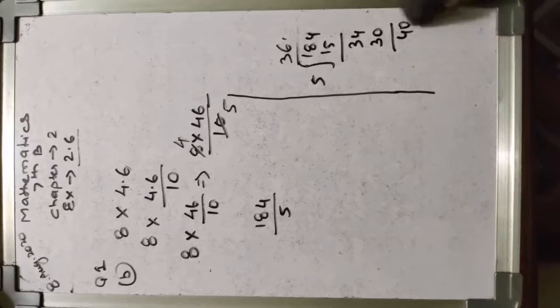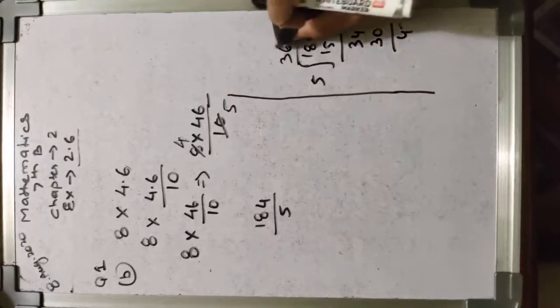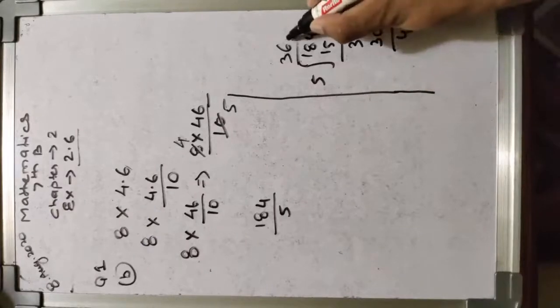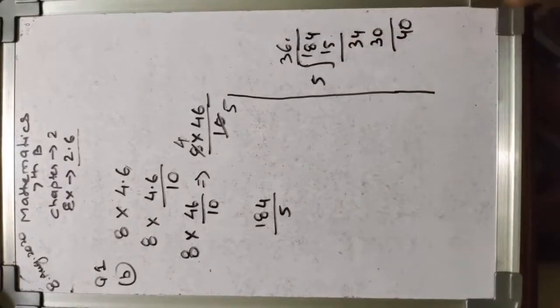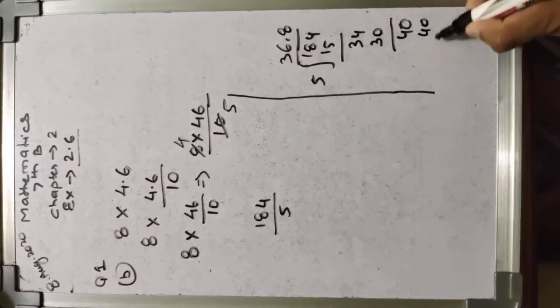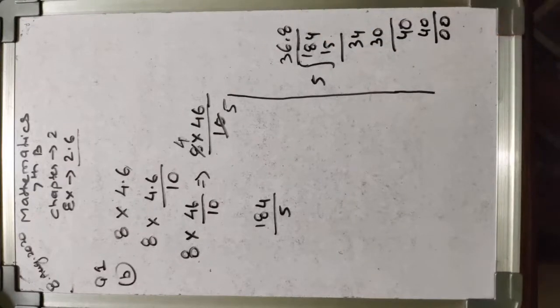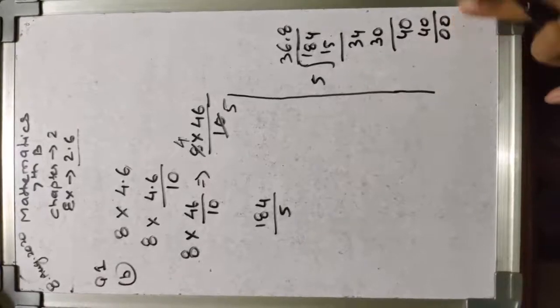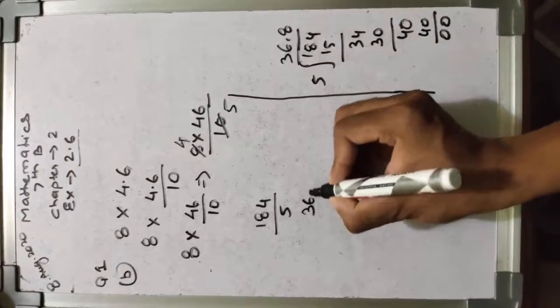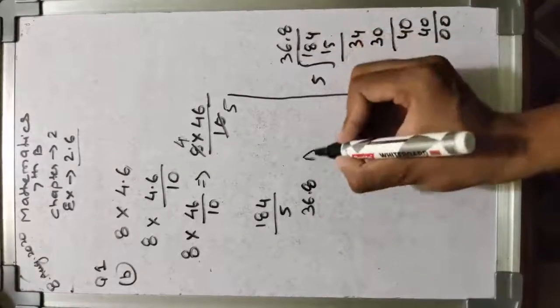Because you can't divide 4 by 5, so I am putting the decimal here and 0 here. Now you can divide. 5 8s are 40. Our sole purpose here should be to get remainder 0. If you get remainder 0, it means you did it correctly. So 36.8 will be our answer.